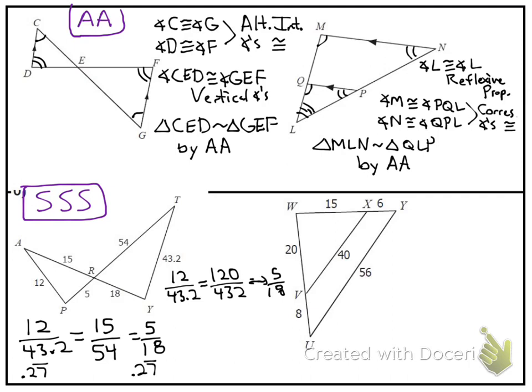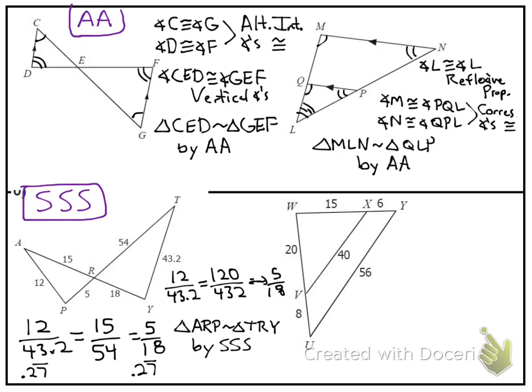There's not a lot we do here. We need to show what the scale factor is and ensure that they reduce down, but it's just confirming that all the values are equivalent. Once we have that, it works. We could say triangle ARP is similar to TRY, and that's by side, side, side.